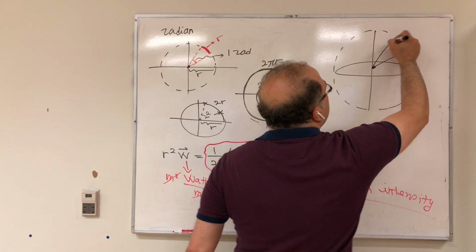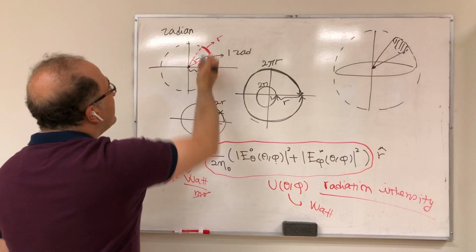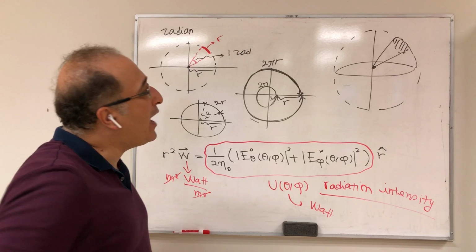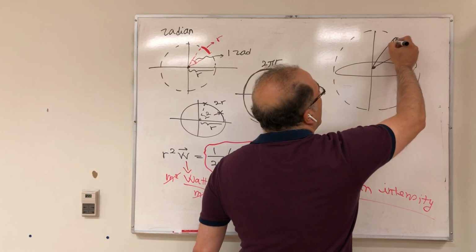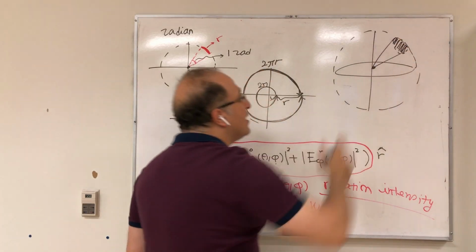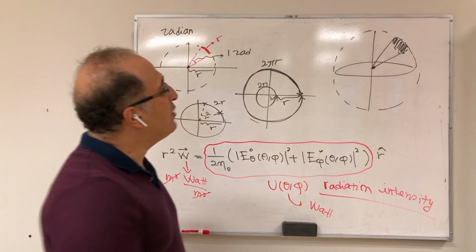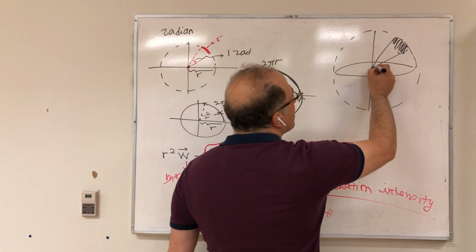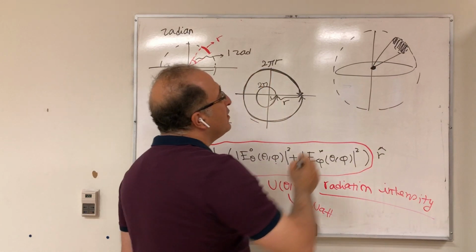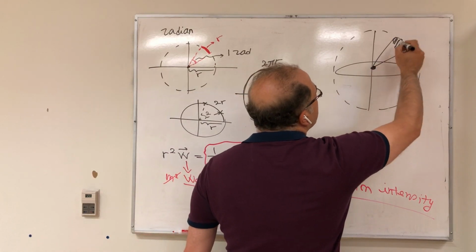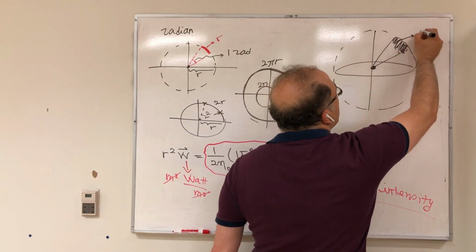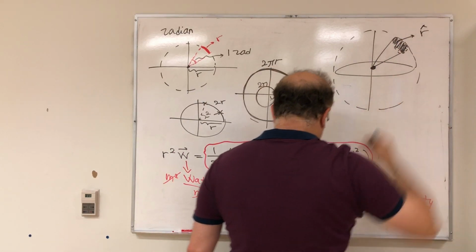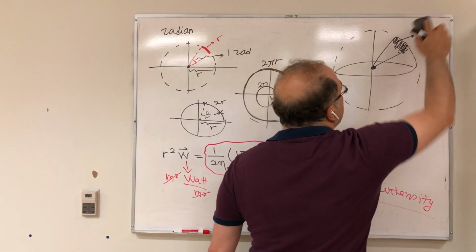Here, I was looking at the length of the curve, but now I'm going to look at the area of this spherical curvature. When I start an angle from the center of the sphere, and this angle is subtended by an area on the surface of the sphere, and this area is r square.